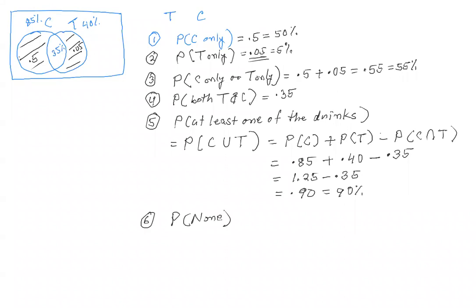None, which is the probability of none is 1 minus the probability of at least 1, right? And we found it. 1 minus 0.9 is 0.1, or there is a 10% chance that a person drinks none of these drinks.